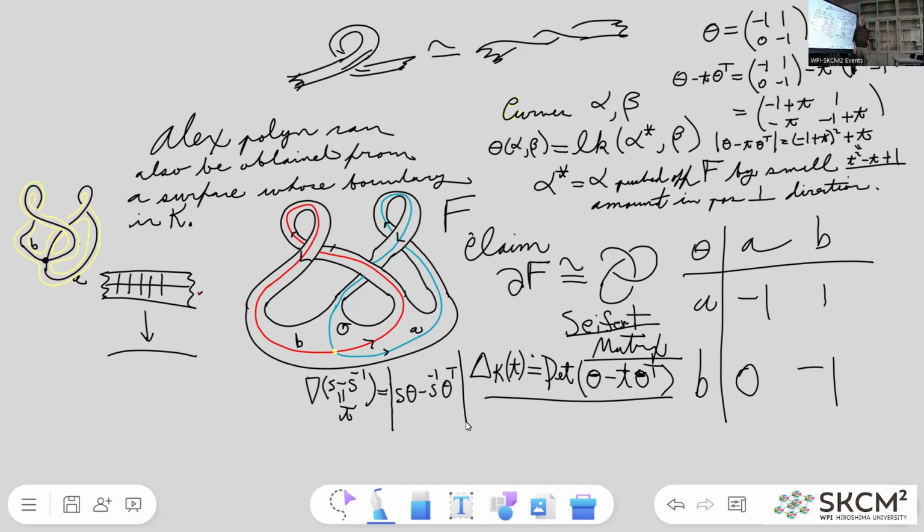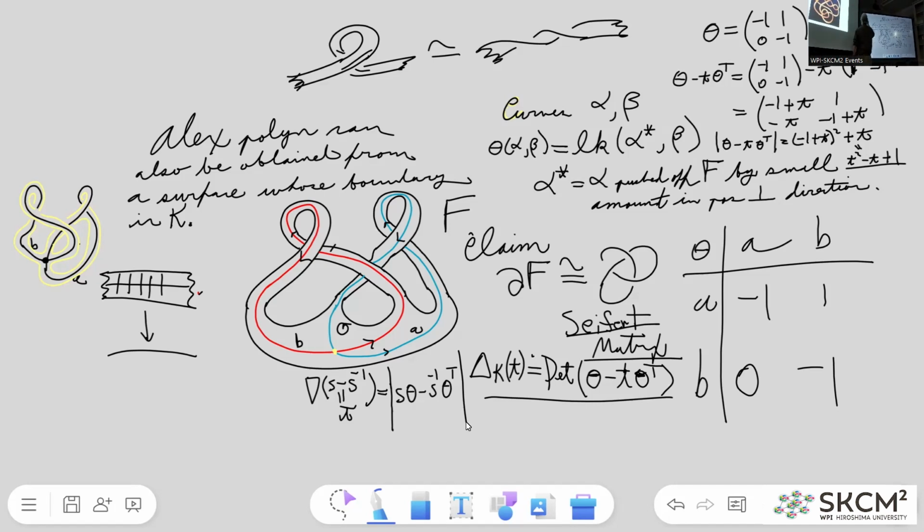For example, could you give me a non-trivial knot with a trivial Alexander polynomial?